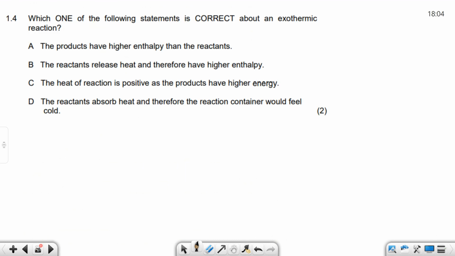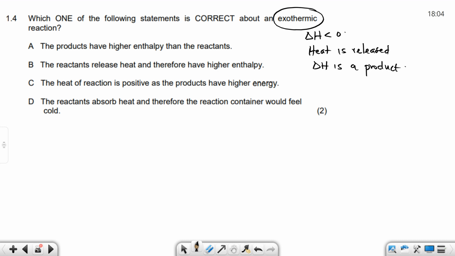All right, let's do some chemistry quickly. Which one of the following is correct about an exothermic reaction? Heat is released to the environment. Let's quickly write a few things there. Heat is released, and if it is released, delta H is negative.